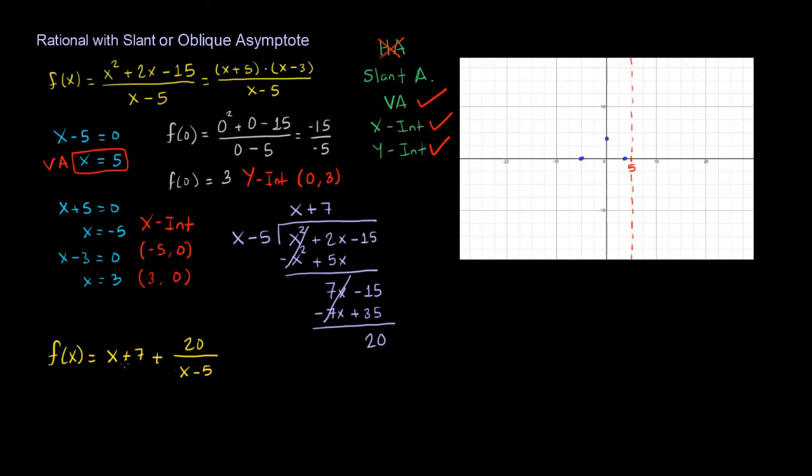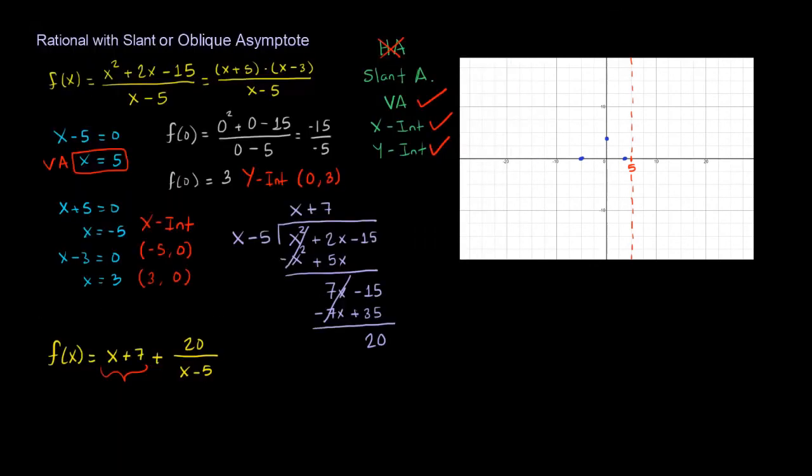I mean, the y intercept for this x plus 7 will be, sorry, here, 0, 7 will be somewhere around here, and the x intercept would be negative 7, 0 somewhere around here.